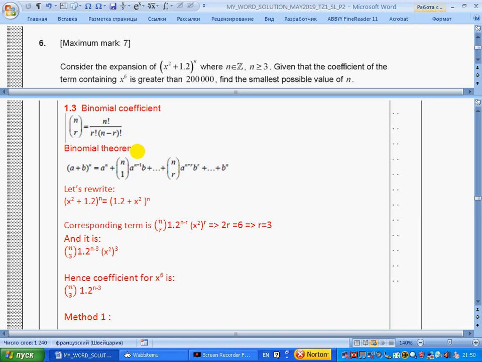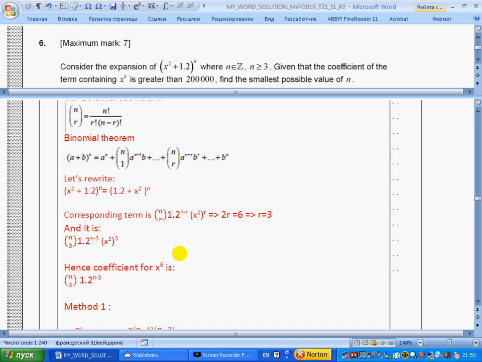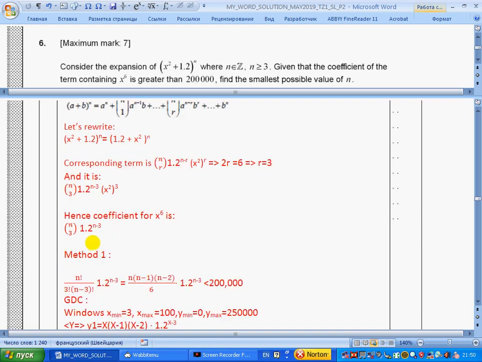Binomial theorem looks like this. Let us rewrite our binomial and change order. 1.2 plus x squared. Corresponding term that we need will be like this, and 2r should be equal to 6, so r equals 3. So it is coefficient term, this term, and hence coefficient is this coefficient.